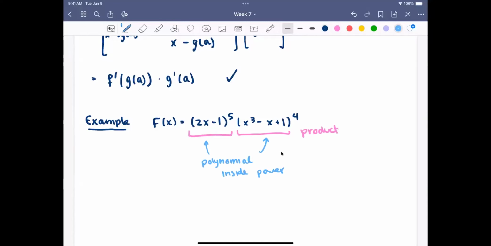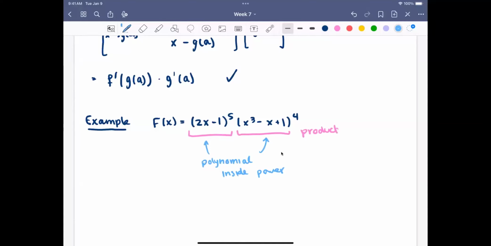Yeah, I think we need the product rule first, right? Because the product rule will break it up into things that just have less going on, where we'll only have to take the derivative of one of these two things at a time. I don't really understand though, because isn't the power rule in this situation just the chain rule?